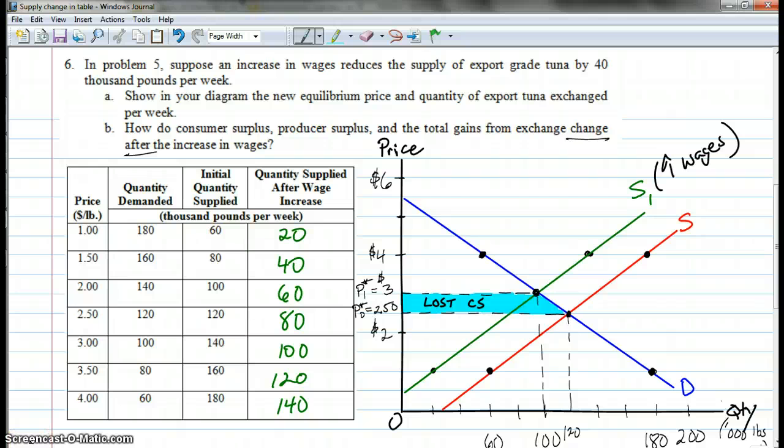The producer surplus change is a little bit more difficult, but easy to see if we understand what producer surplus is. So let's review. Producer surplus is the excess of the market price over and above the opportunity cost of supplying the good.